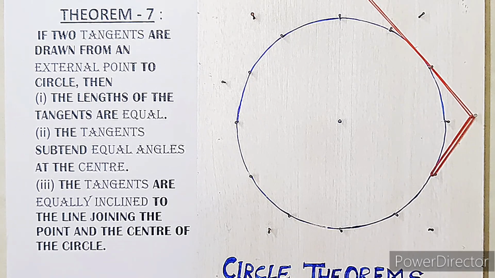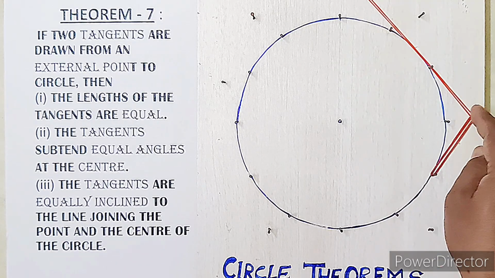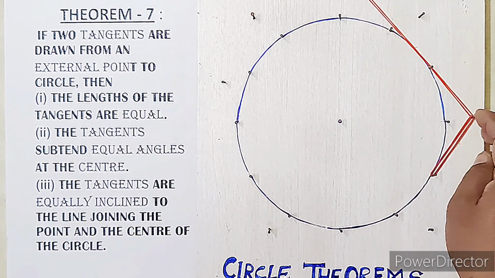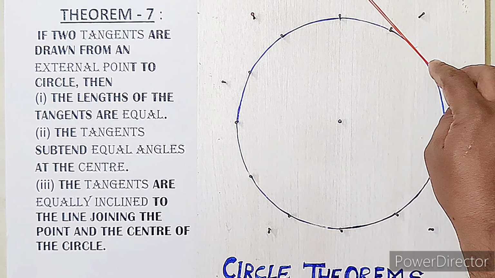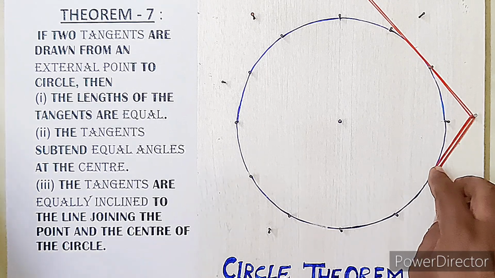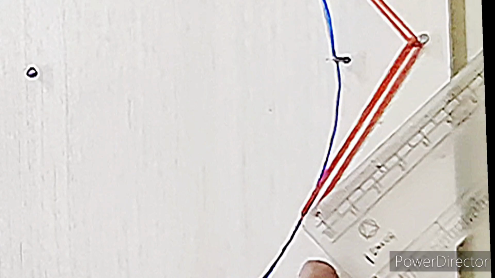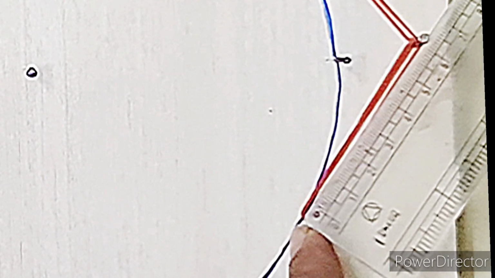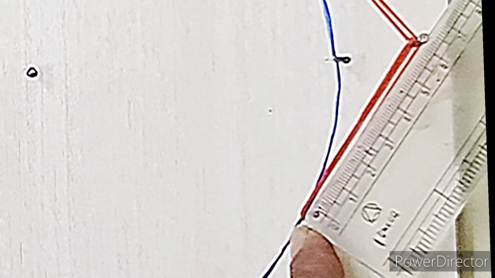So first of all, let us see the first one. This is an external point. So one tangent is drawn here, which is touching the circle here. So the length of the tangent will be from this external point up to the point where it is touching the circle, and another one is over here. Let us measure the length and see what it is coming to. It is coming to nearly 6 centimeters.